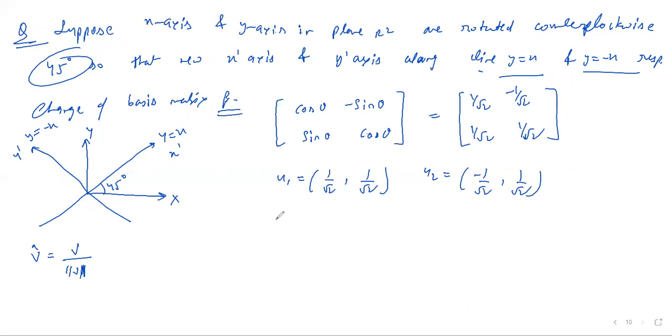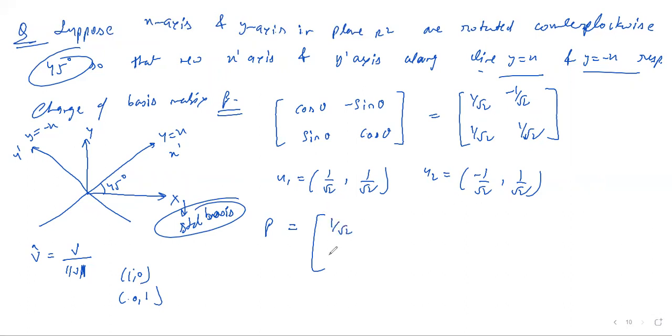Now the unit vectors in the direction of the original x and y axes are on the usual basis, that means the standard basis of R square, that is (1, 0) and (0, 1). Since the previous axes are on the standard basis, we don't have to perform all those steps; we just write the coordinates of u1 and u2 as column vectors.